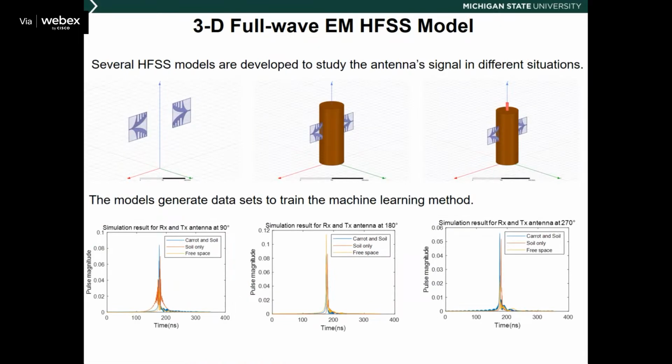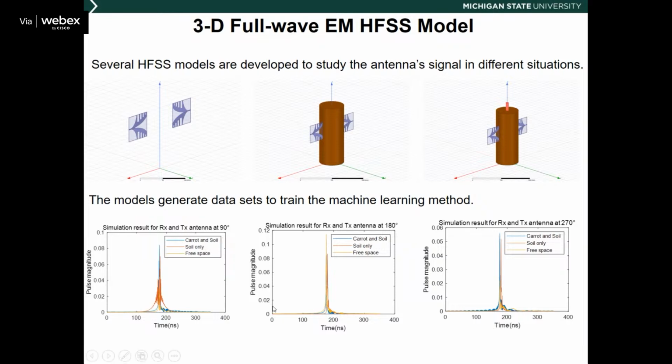We start with a full wave EM simulation, where we study no soil, soil only, and soil with a single root. And here for the root we use a carrot, so we can adopt the material properties of carrot.